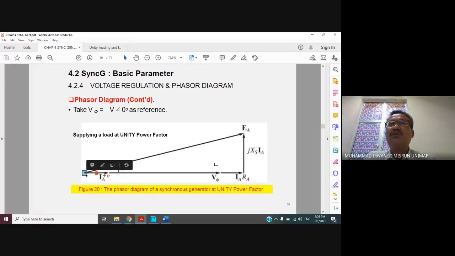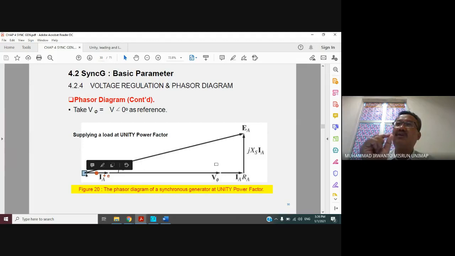When we want to draw the phasor diagram, we work in phasor form. Remember when we discussed complex numbers, which consist of real and imaginary parts?